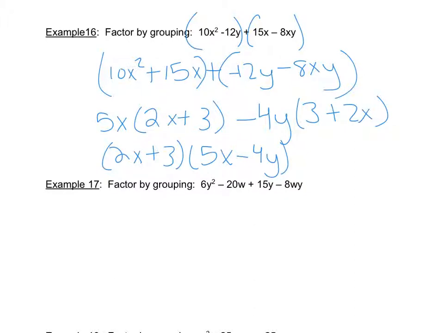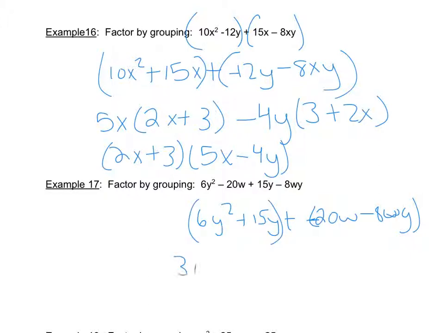Okay? So right away when I look at this, I see y and w and then y and yw. So I'm going to switch it again. Put the y's together. 6y squared plus 15y minus 20w minus 8wy. Change that to plus the negative.